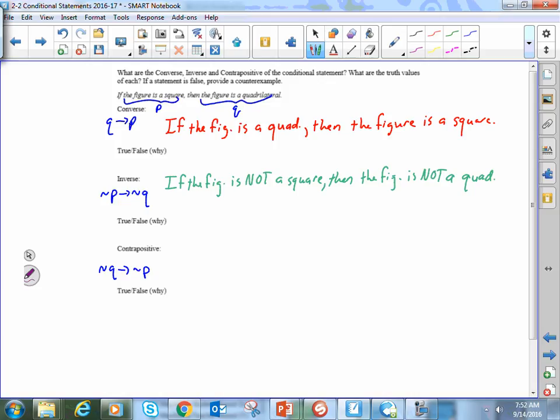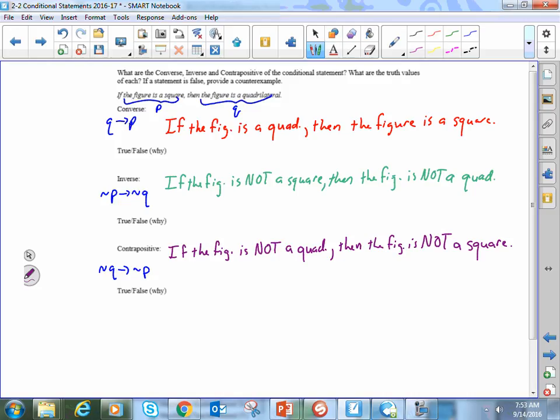So the contrapositive will read something like, if the figure is not a quadrilateral, then the figure is not a square. So those are the three ways of rewriting a conditional statement.